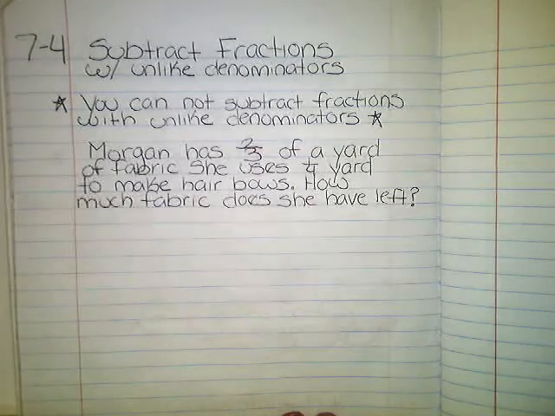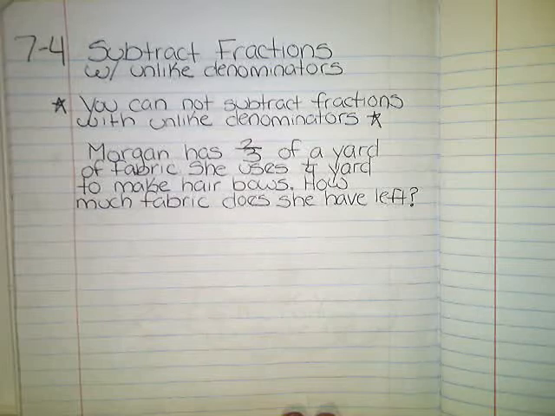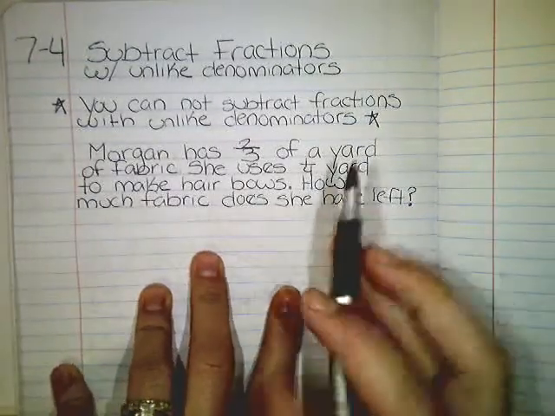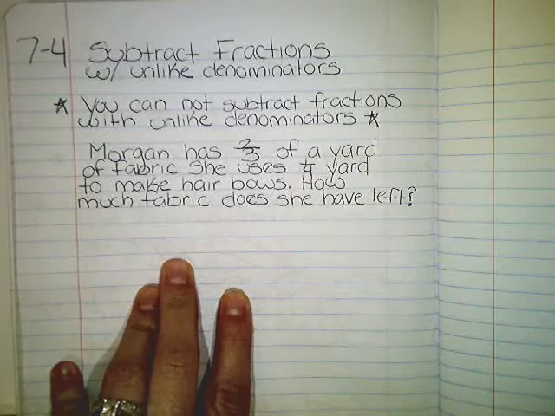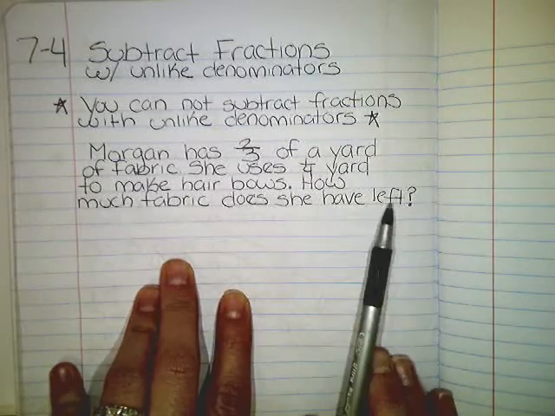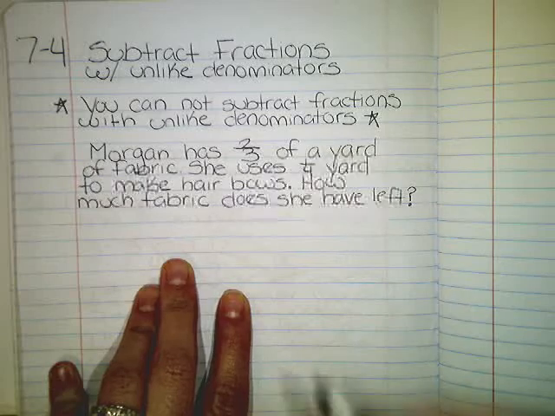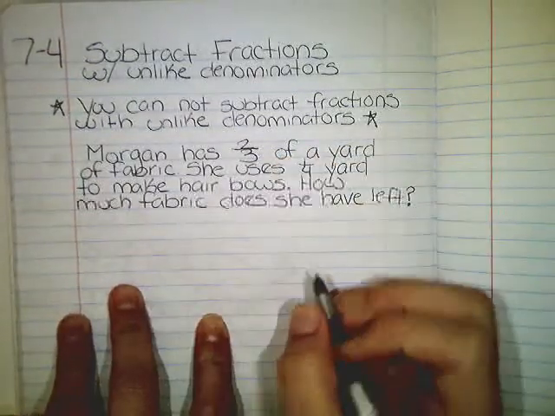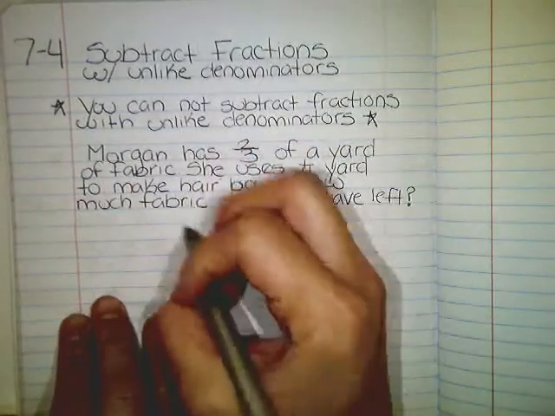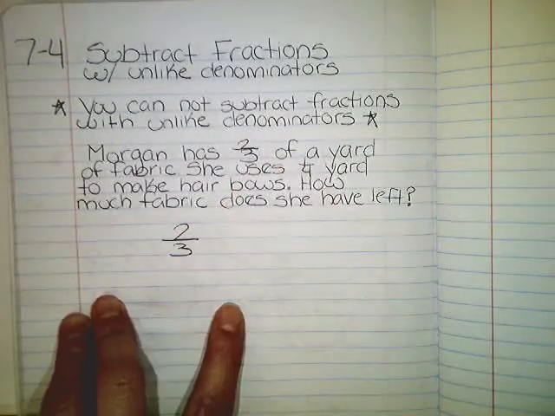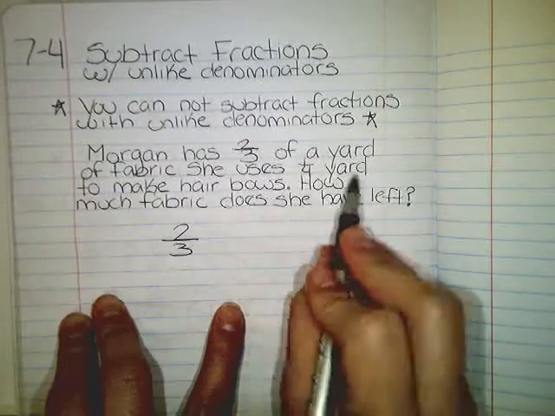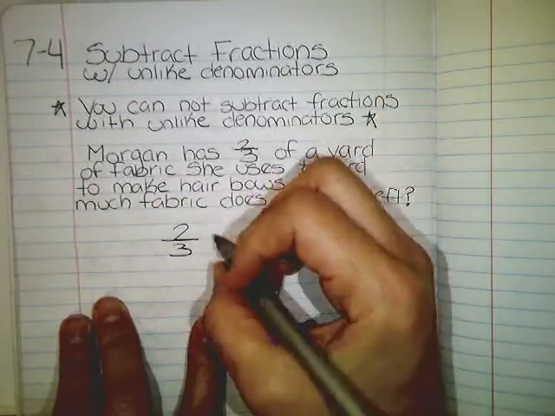So let's look at the big idea, the big concepts in here. I see the fraction 2/3, I see the fraction 1/4, and I see the keyword left. Hopefully you already know that we are going to be subtracting from what she has, 2/3, and she uses 1/4 of a yard to make the hair bows.